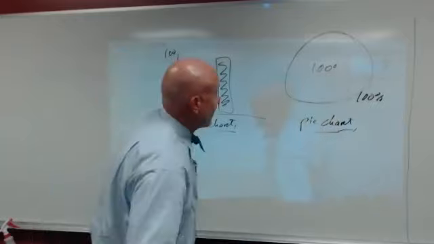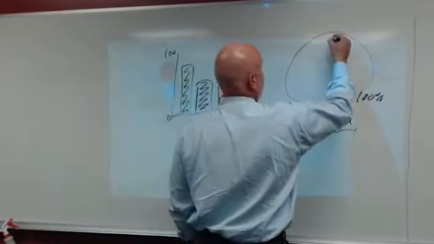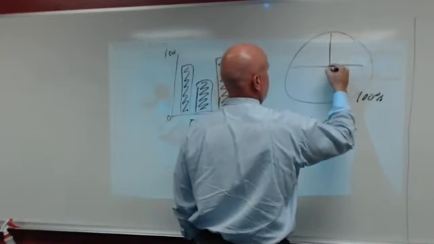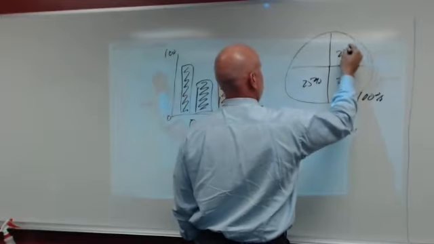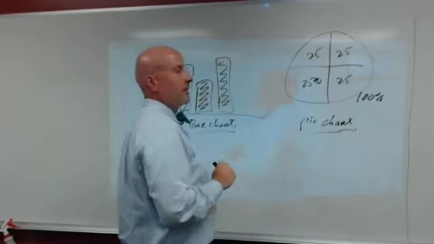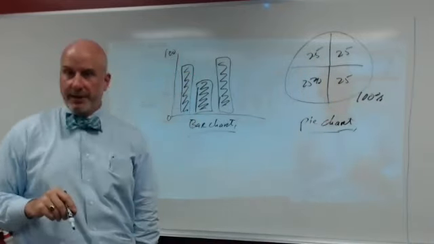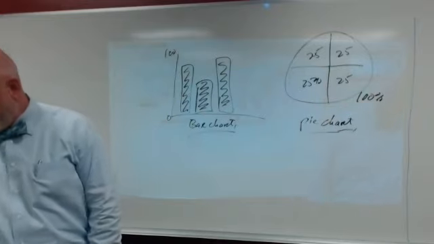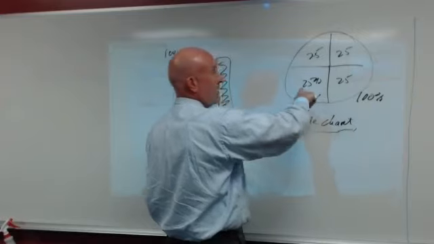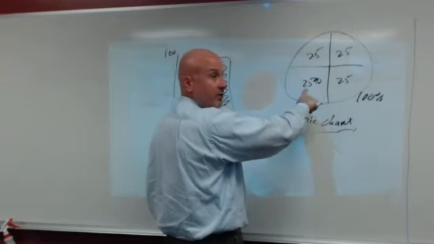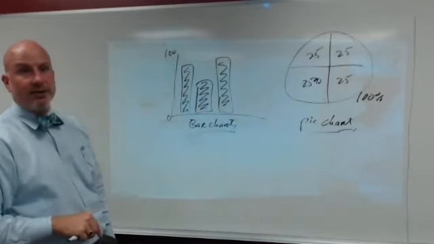So when I come up to a pie chart and I quarter it, I know that each quarter is worth 25%. Whenever I want to show something's relationship to the whole, or 100%, I'm going to use the pie chart.